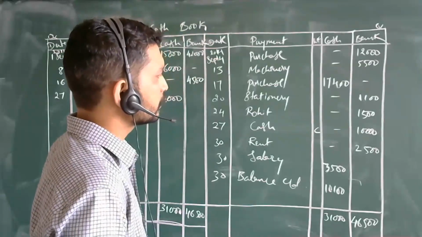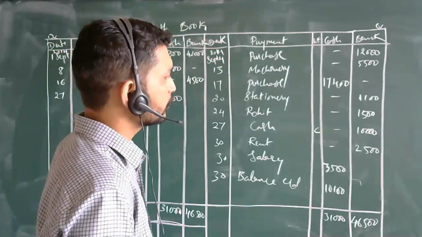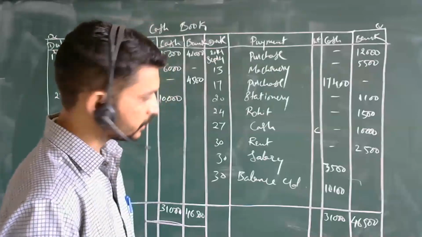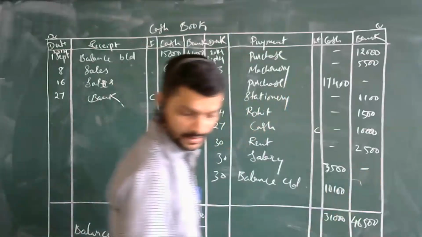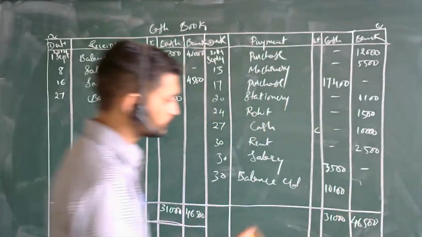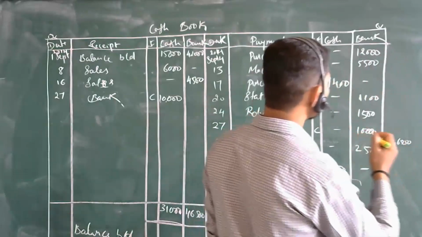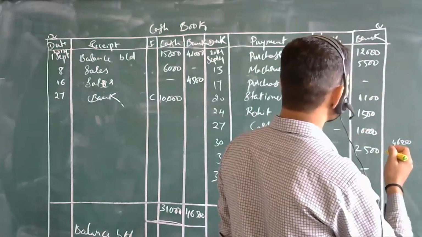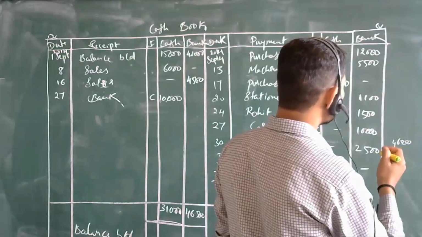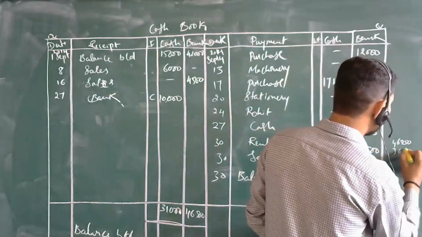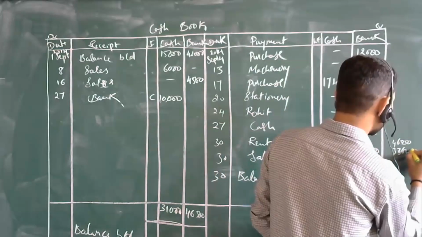Correct. Yes. So other side, check it out. 12, 17,500, 18, 19, 20,100, 30,100, 33,600, 33,600, I think so. 33,600, if you deduct here, $33,600, if you reduce, check it out, what will be the amount?